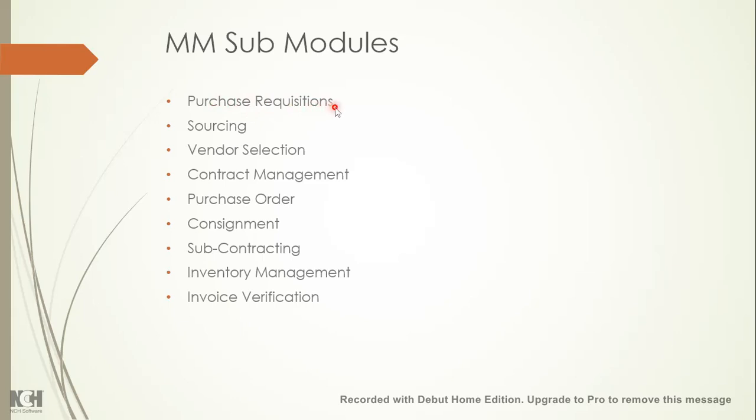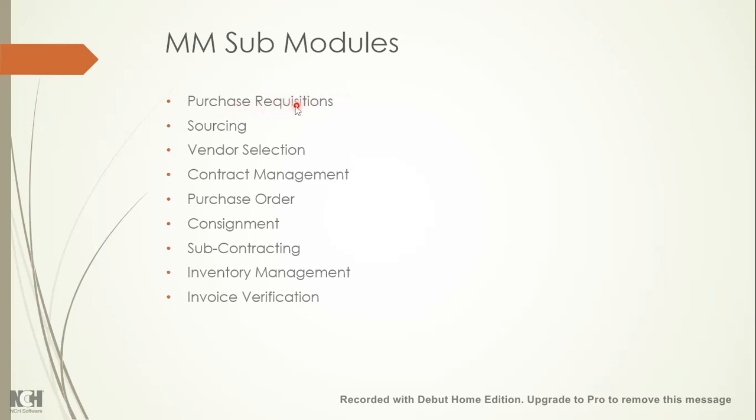You also define a release strategy. When the PR is created, based on your company's approval policy, you can define that for a certain limit X should approve, and if it is above that limit, Y should approve.